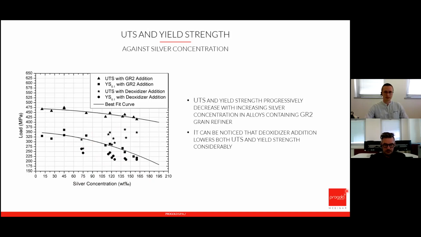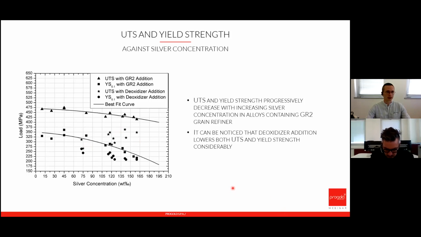If, for example, you have to cast a very light object or thin-detail objects, like a net structure, you had better avoid the presence of deoxidizers, because the alloy containing deoxidizer could not have enough strength to be handled. So sometimes it's preferable to have less protection during casting of the alloy, which is given by the deoxidizers, as we know, but it's better to be sure about the mechanical properties.